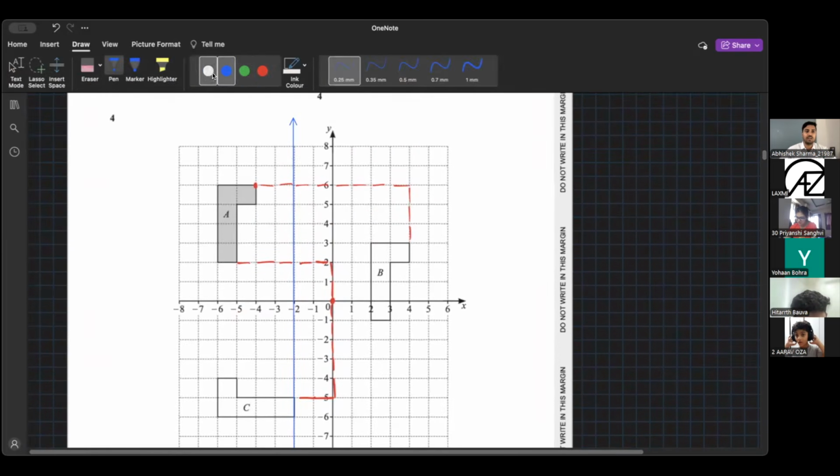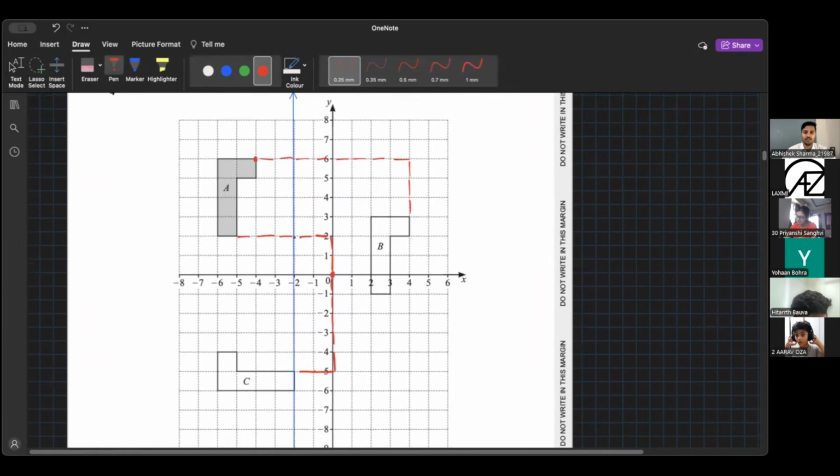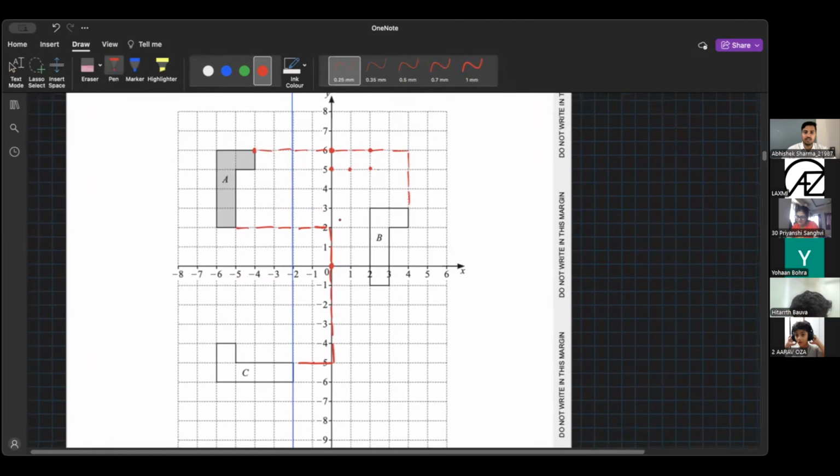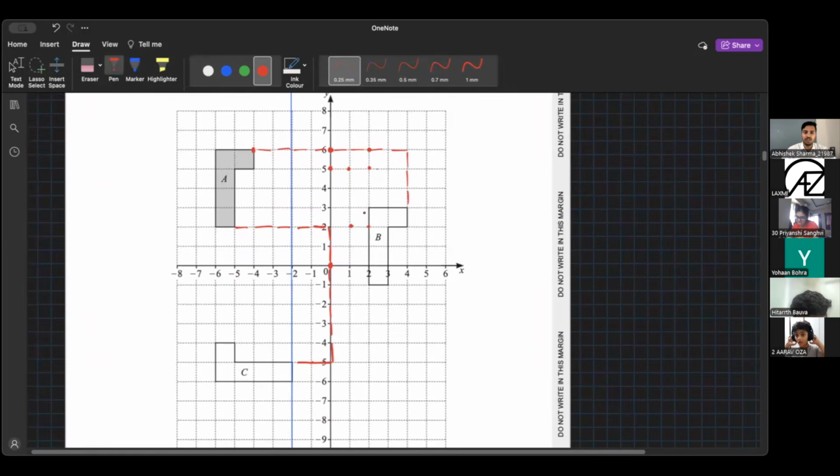And we have to sketch the reflection of A. So this point is 2 units away from the line, so we can mark 2 units here. This is again 2 units away. So 2 units here, then 1 unit here, and then here and here.